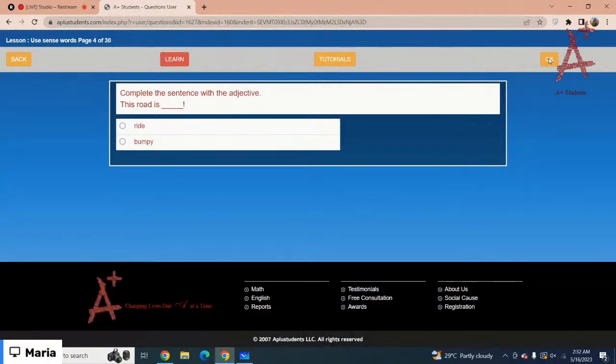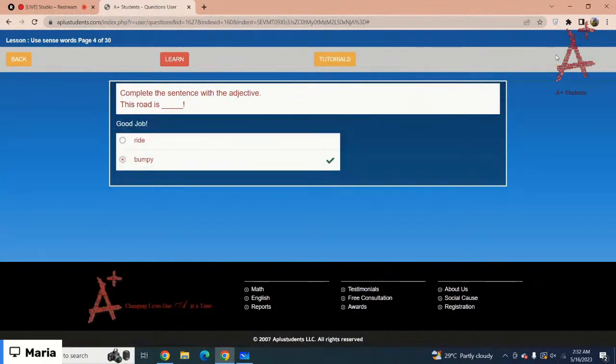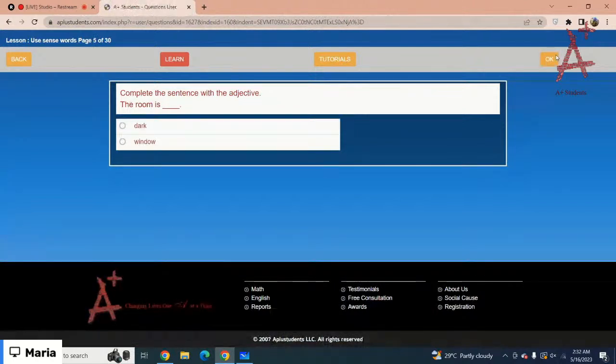Complete the sentence with the adjective. This road is dash. Ride or bumpy, which is the correct option? This road is bumpy. Got it? The room is dash. Dark or window, which is the correct option?